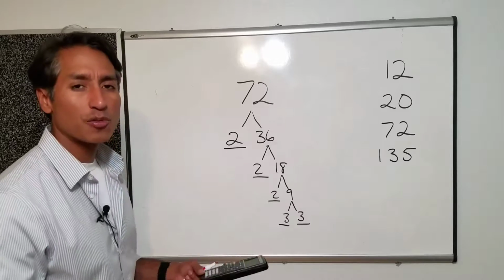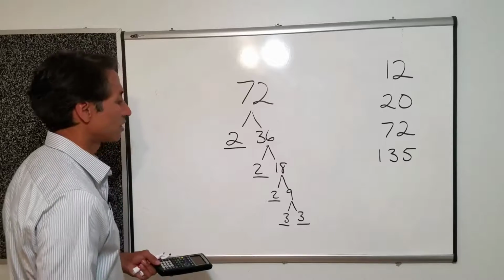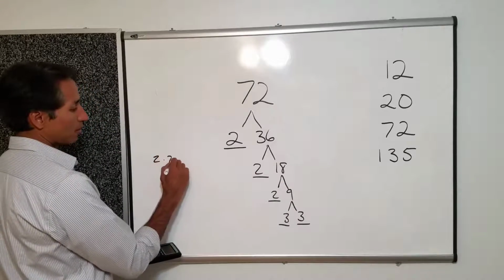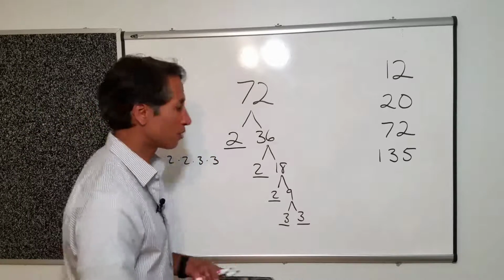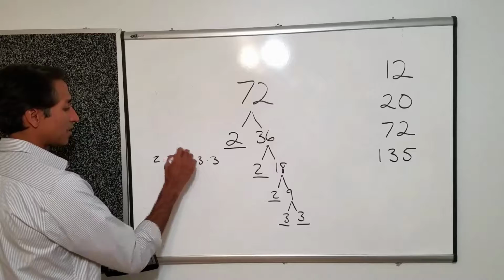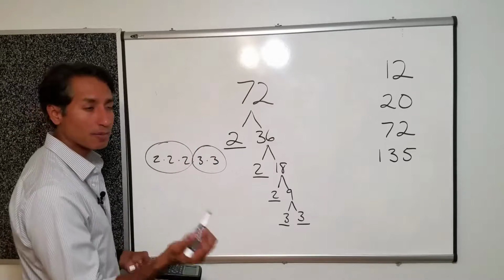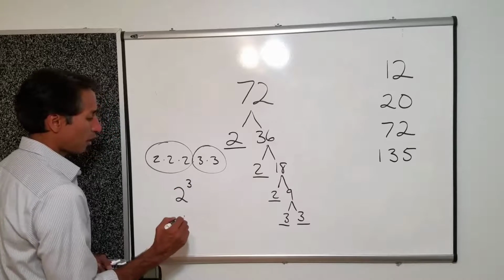And so if you wanted to write this out as the prime factors, some books will say they want you to write it out as 2 times 2 times 2 times 3 times 3. Some books will say, I want you to group this stuff together. So 2 times 2 times 2 is the same thing as 2 to the third, right?